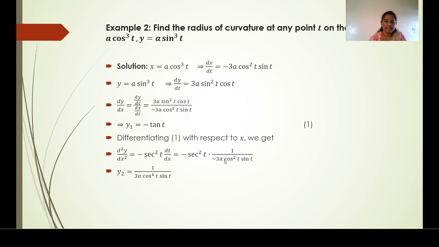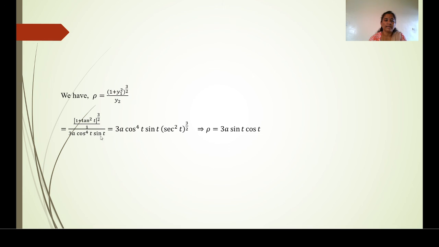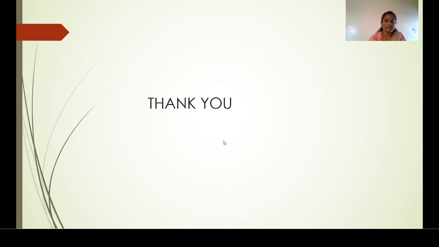On simplifying these two terms we get y2 is 1 divided by 3a cos to the power of 4 t sin t. Then radius of curvature rho is equal to (1 plus y1 square) to the power of 3 by 2 by y2. Substituting y1 and y2 and simplifying, we get the required radius of curvature. Rho is equal to 3a sin t cos t. Thank you.